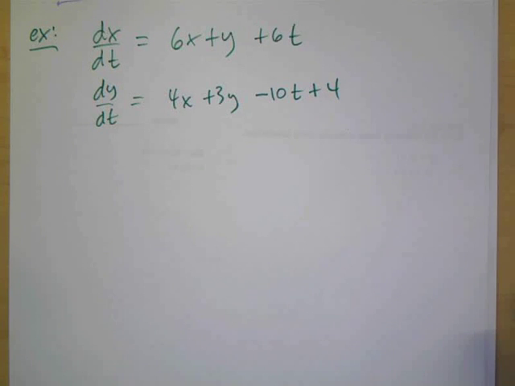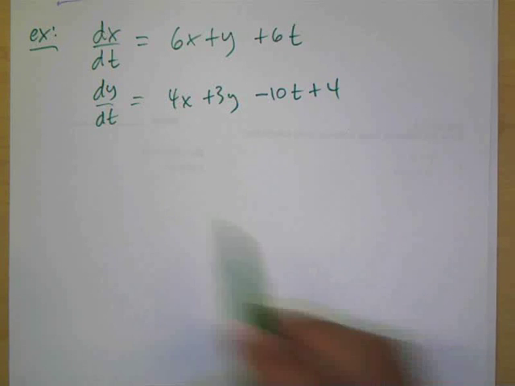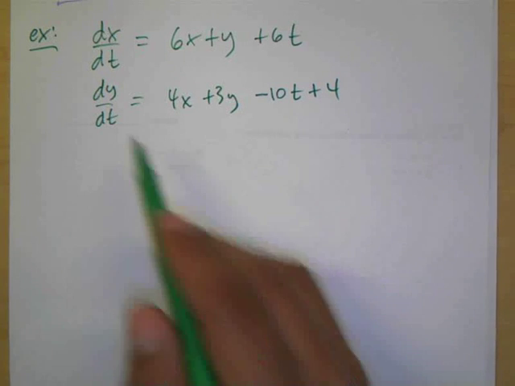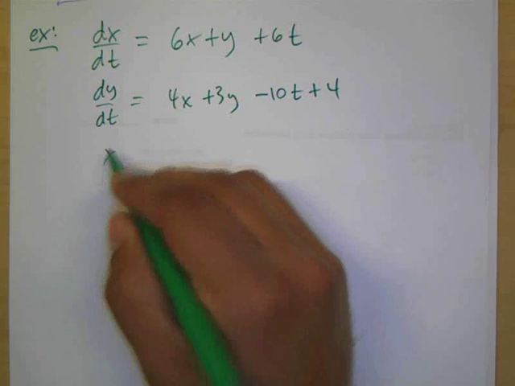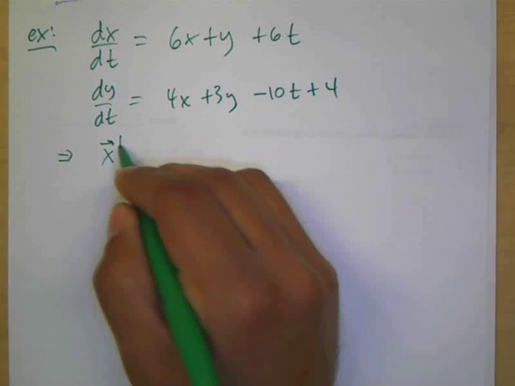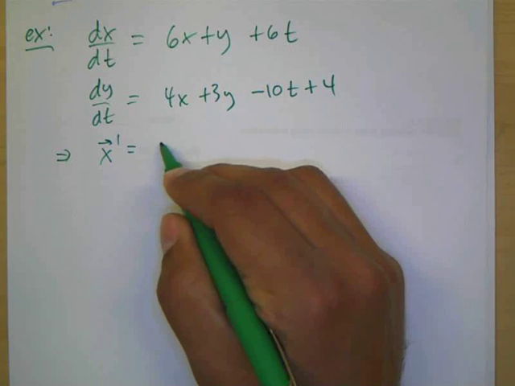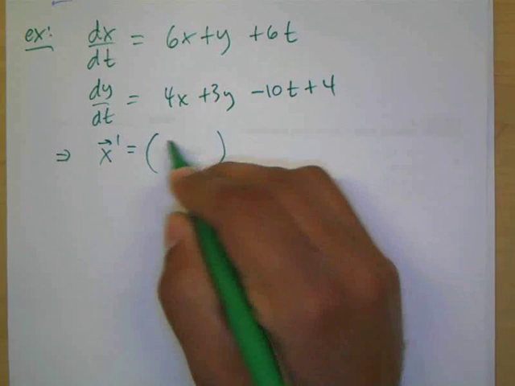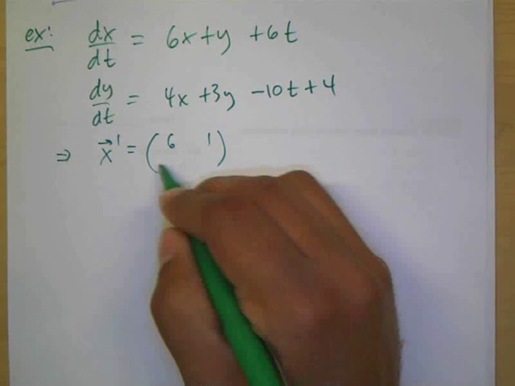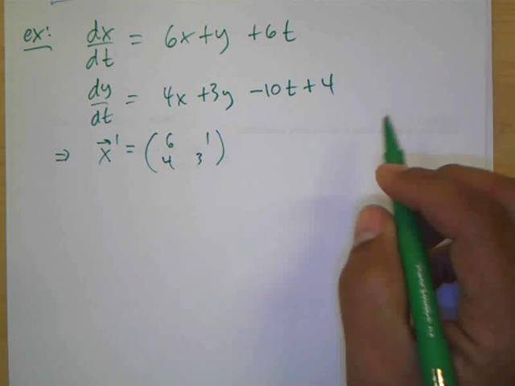I do like writing it in that condensed form. It's just easier to look at. So that would be the same as x prime equal to 6, 1, 4, 3.